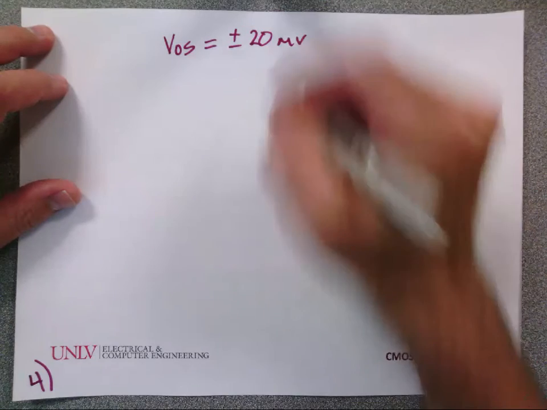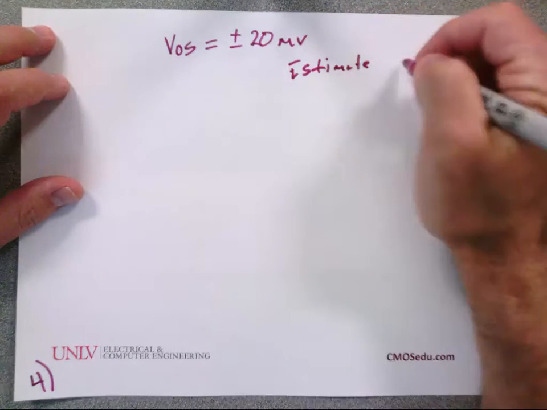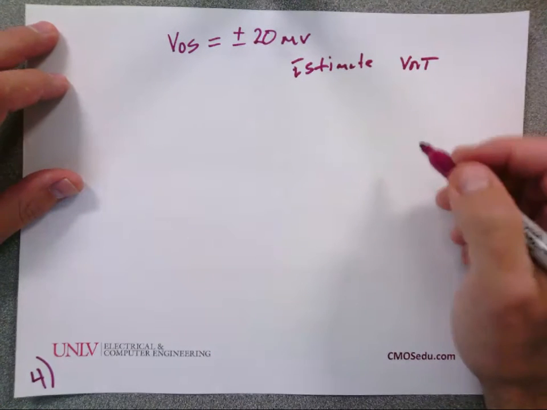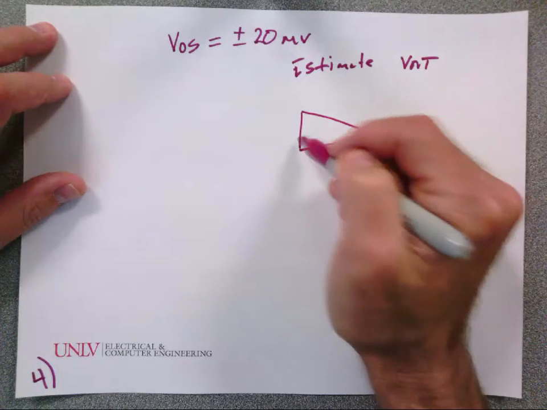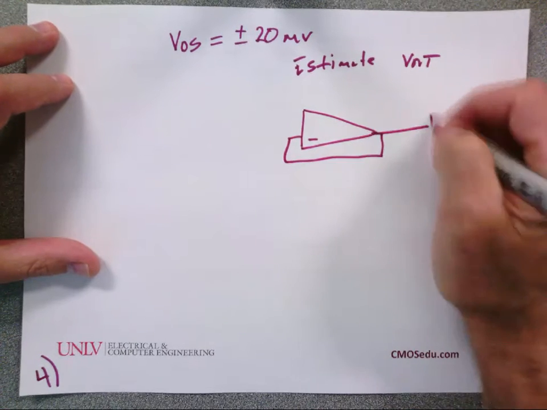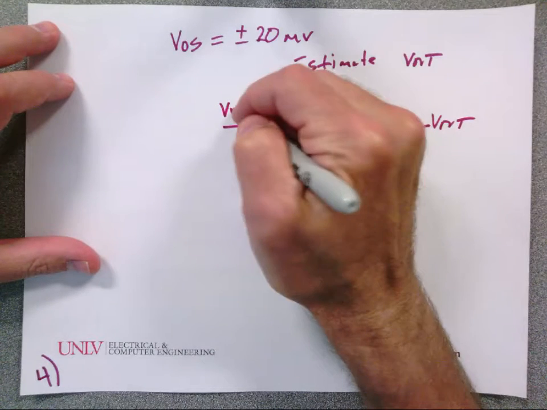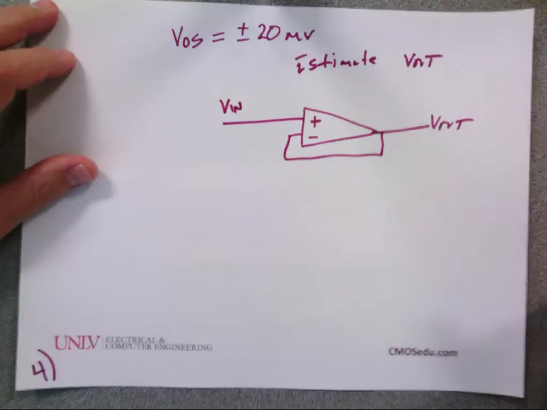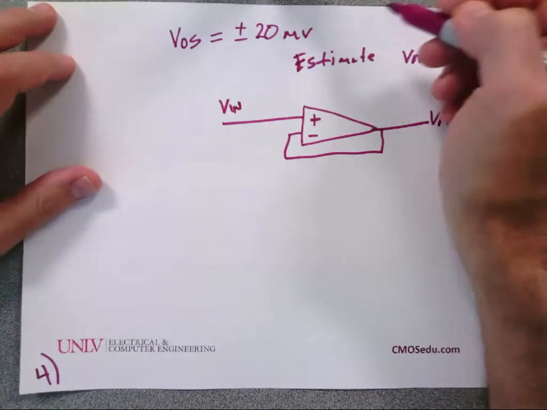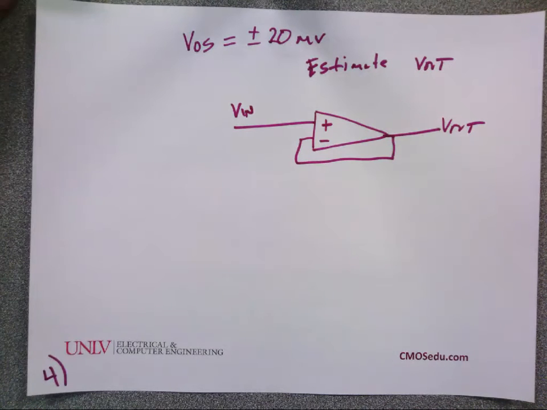estimate V out for your design. And I'm going to assume A_OL is infinite. So here's your design. How do I estimate V out? Okay, first thing, I've said this numerous times, but let me say it one more time.